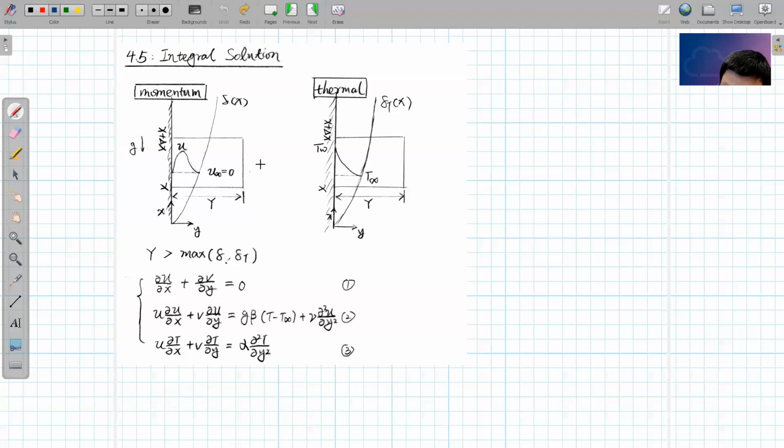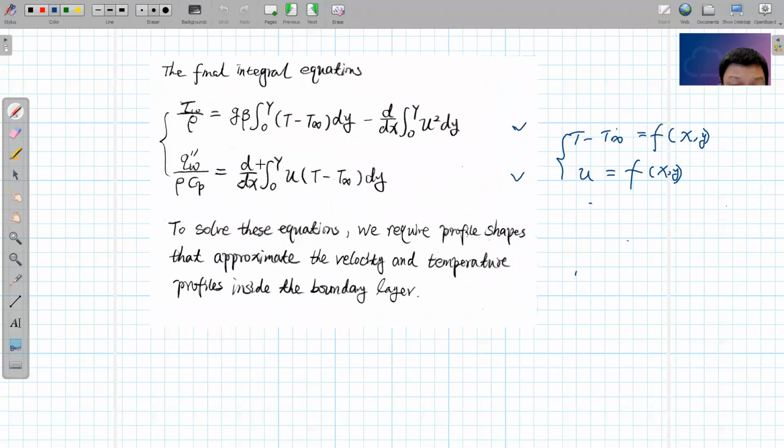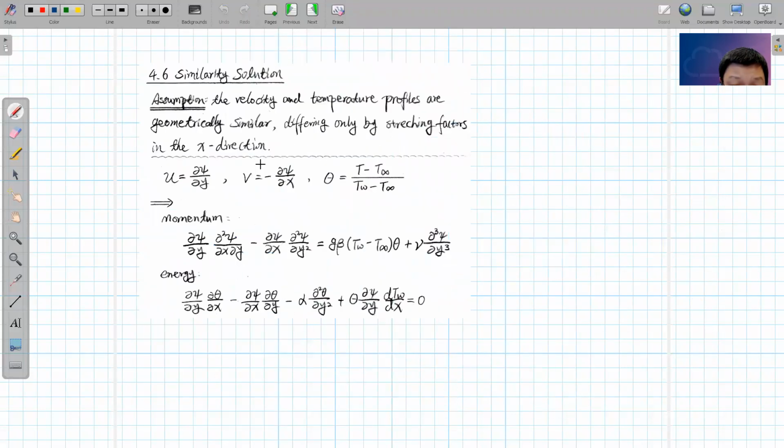Let's go back to the similarity solution. Remember what we did in the laminar boundary layer? First we assume a stream function phi.